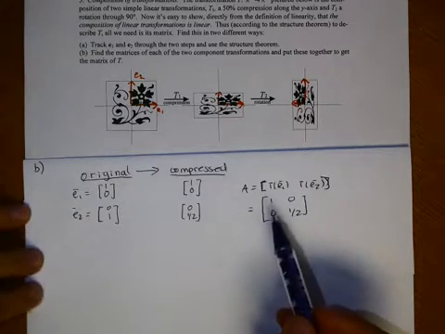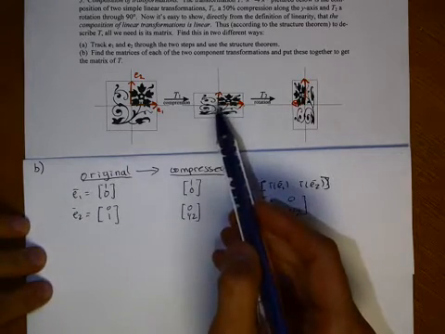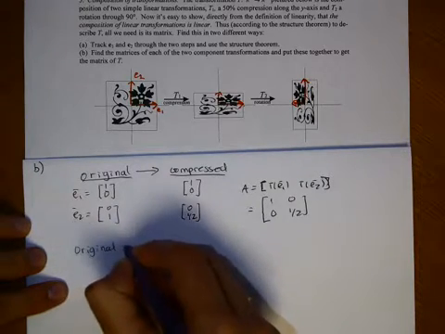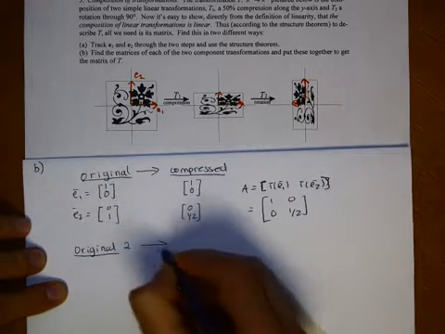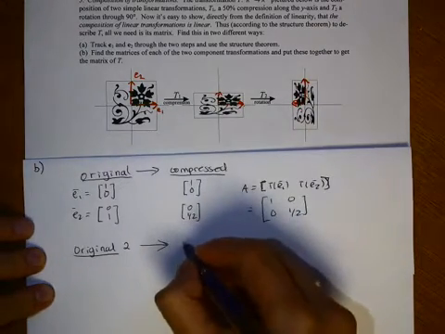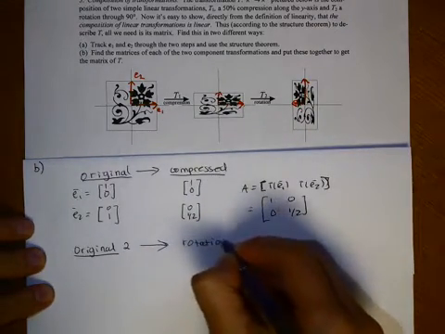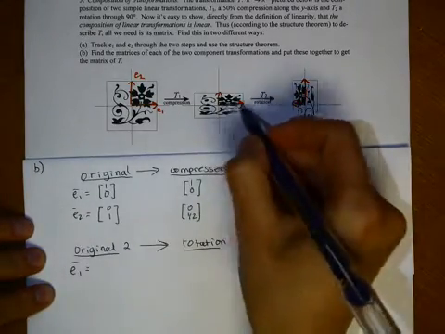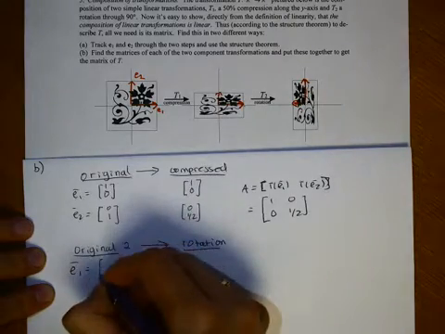Now let's just forget about this for a second and pretend this is our original picture. So let's just call that original 2. So now just look at this picture instead of this picture as our starting point. So we have our E1 vector is actually the same in this case.